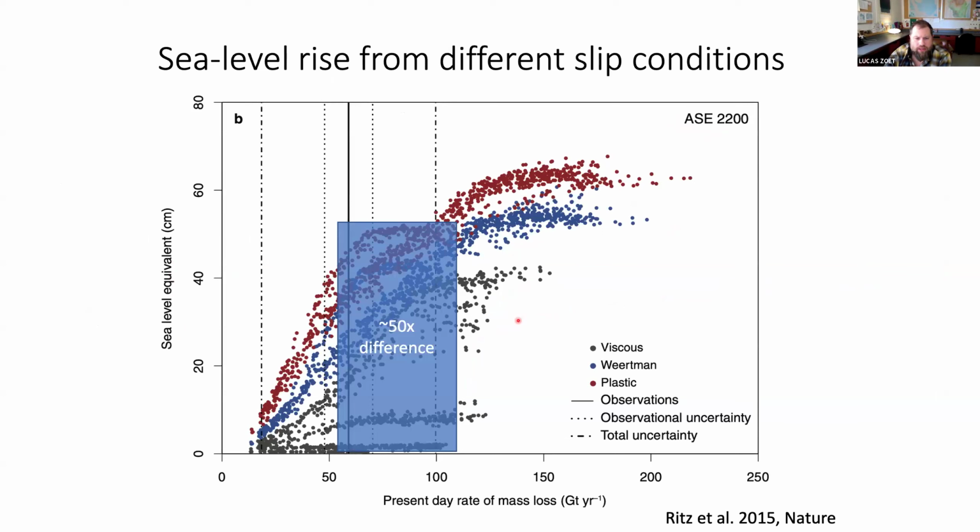In this, you can get something like a 50-fold difference in the amount of ice that's discharged in the ocean by essentially just choosing a different slip law, right? So it makes these flow models and their prognostic ramifications highly dependent on your choice for the form of this function.